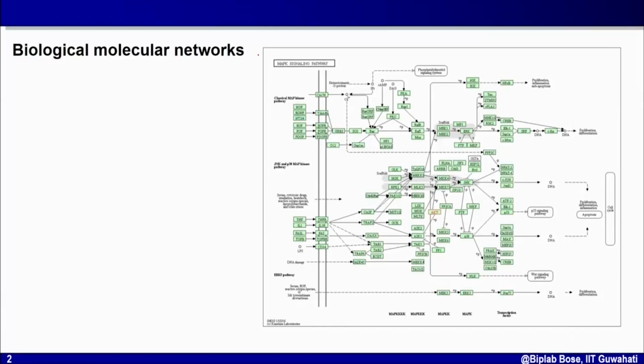For example, it controls the cell cycle, and it controls metabolism inside the cell. And multiple signaling molecules like growth factor or growth hormones give input signals to this MAP kinase pathway. As you can see in this figure, this pathway, even when made in a reduced form, involves multiple molecules.